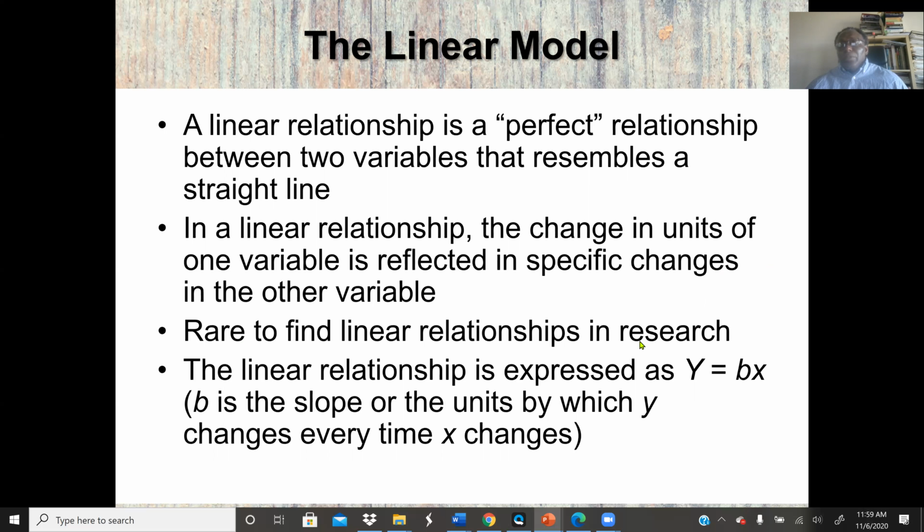Very rare. A linear relationship is expressed as y = bx + c. B is the slope, or the unit by which y changes every time x changes. Then plus c, where c is our y-intercept.